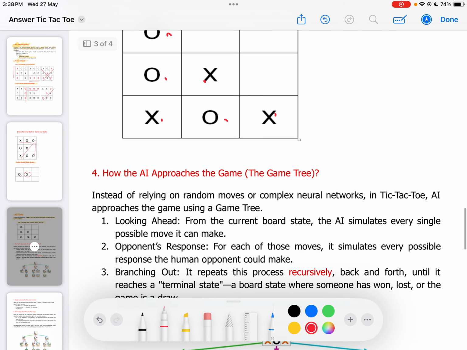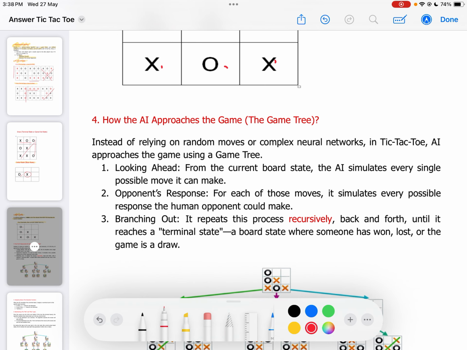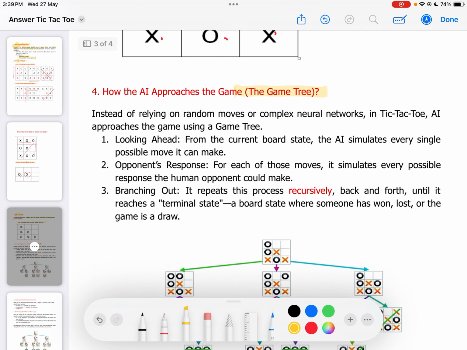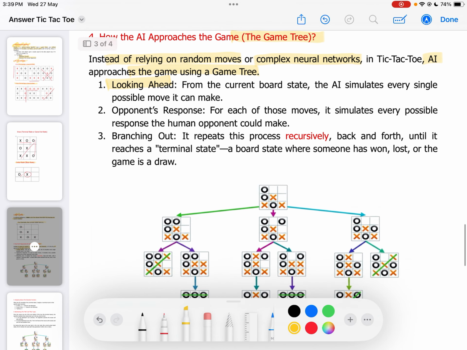Now we'll have to see how the AI will approach it. It uses something called a game tree. Instead of relying on random moves, it doesn't move randomly and it doesn't involve neural networks. In tic-tac-toe, the AI uses a game tree. It has 3 steps. One is looking forward: from the current state, it decides what moves are available.